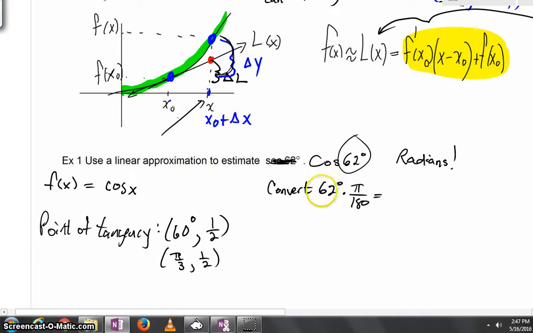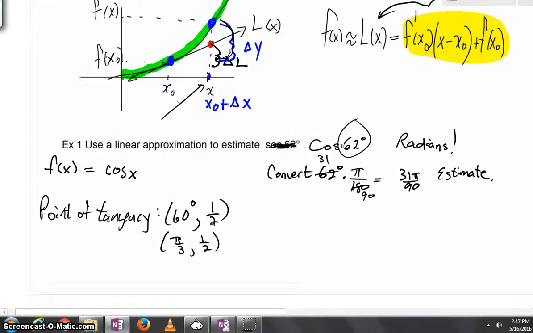And if we did, we'd get 31. Divide out a 2 here, you'd get 90. You'd get 31 pi all over 90 radians. So this is what we'd like to estimate. We'd like to say plug in this 62 degrees as a radian, and let's see what we get.